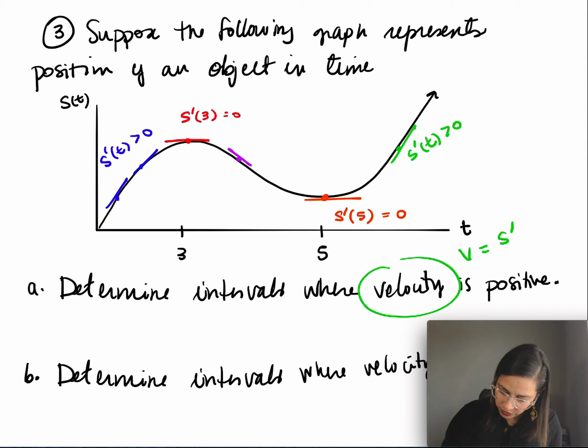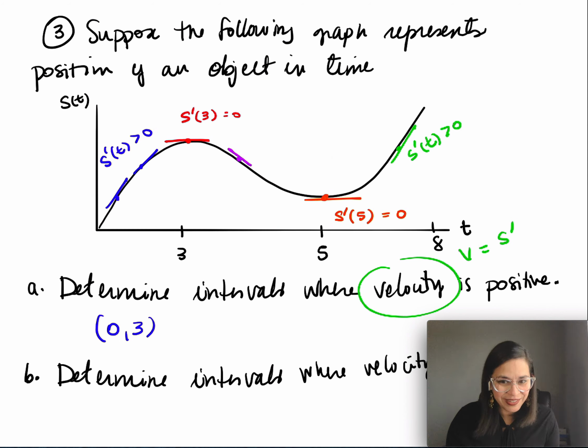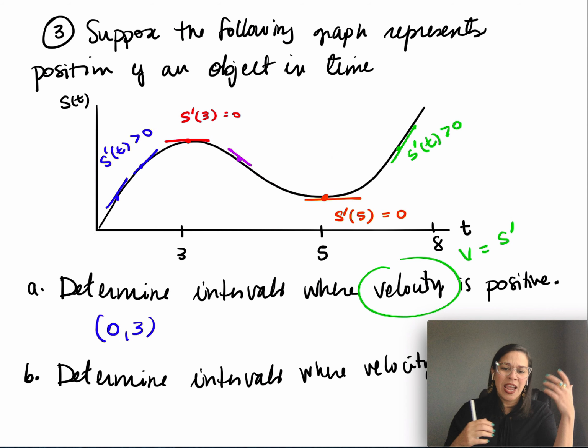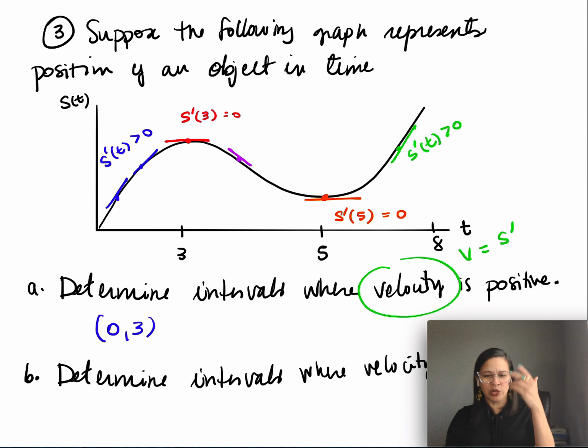So that we don't get too confused, I'm going to say 8 instead of a little arrow there. So it is positive from 0 to 3, because we have positive tangent lines, and the tangent line represents the derivative, which is the slope of the tangent line, which is the change in position with respect to time, and from 5 to 8.